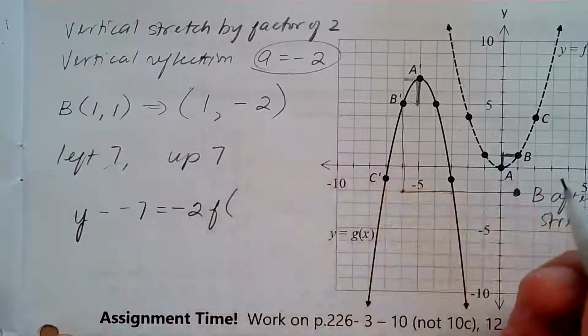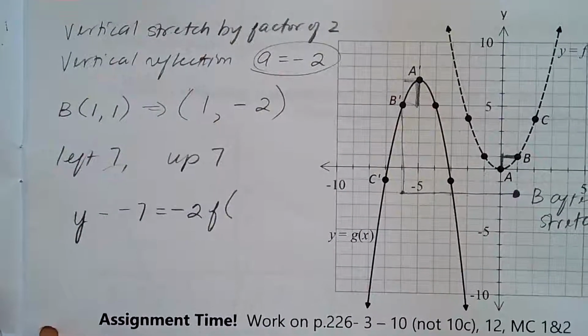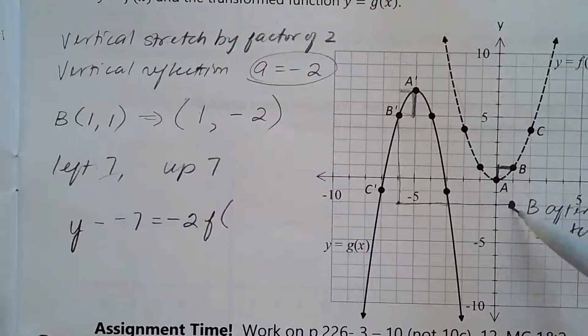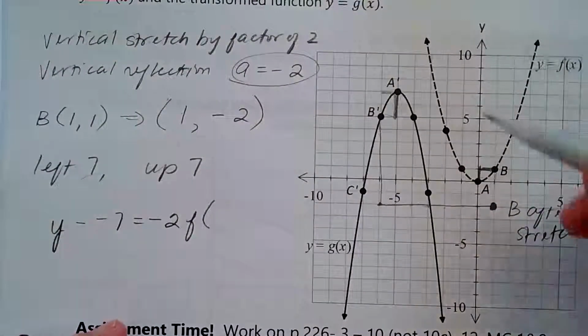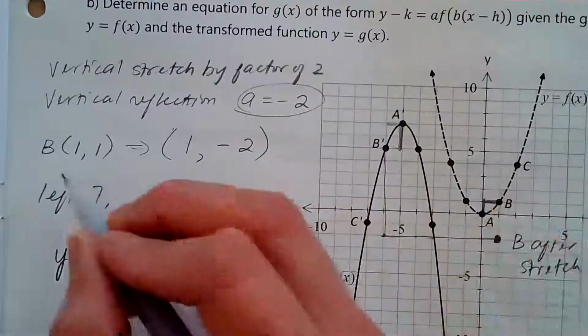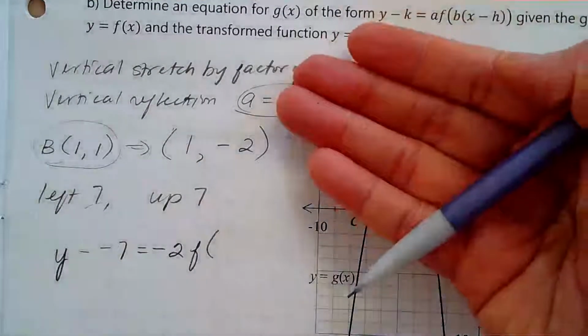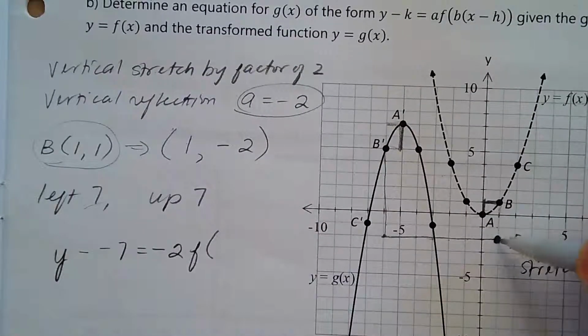Can you repeat the left 7? Left 7, this one? Yeah. Okay, isn't it left 5, or 7? Okay, let's see, hold on. So 1, 1 is our B right there. There's a vertical reflection and stretch, so that's right here.